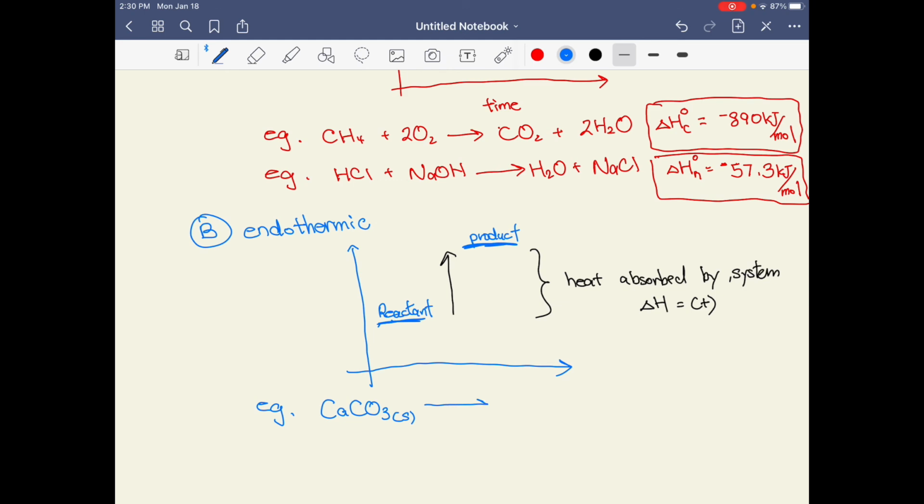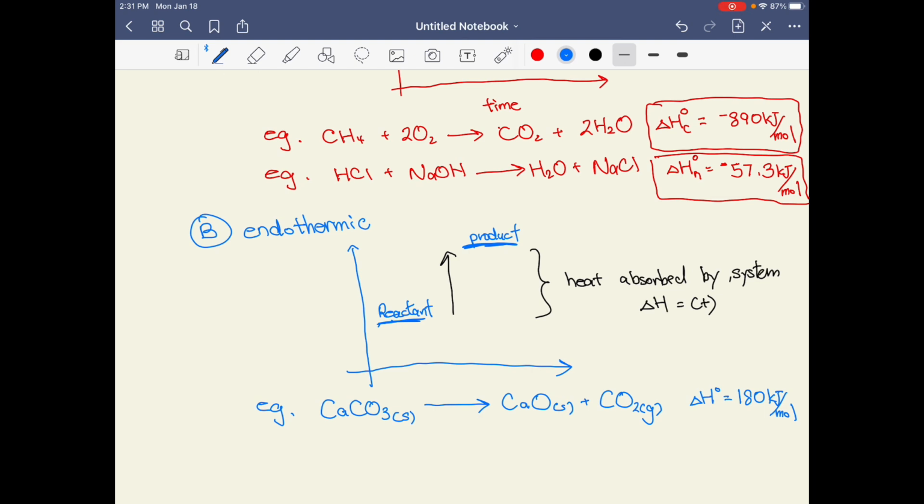If we were to heat this up, if we would put this in a crucible under a very hot flame, this will actually decompose to give you calcium oxide, and it will release some gas known as carbon dioxide. It's a decomposition reaction. This reaction is pretty cool. It's actually 180 kilojoules per mole worth of energy.